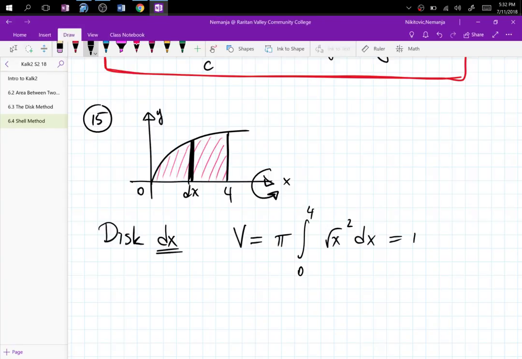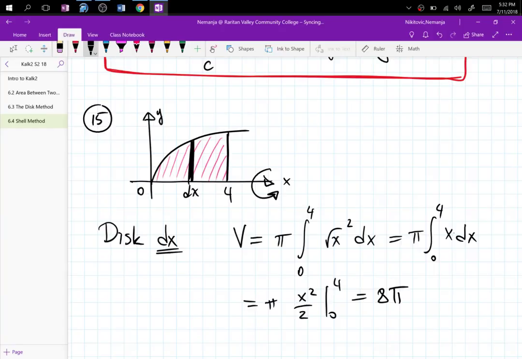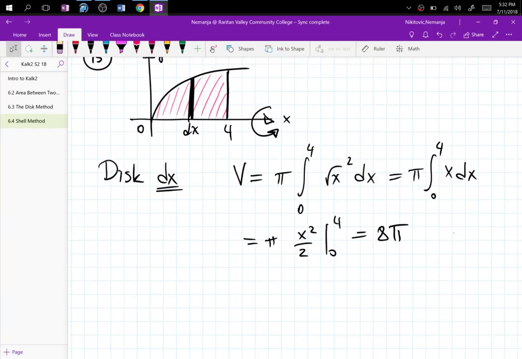Whoa, that's really cool, right? We are integrating x dx, so this is really easy. So we have x squared over 2, 0 to 4. That's 16 divided by 2, it's 8 pi. So the volume of the object is 8 pi.